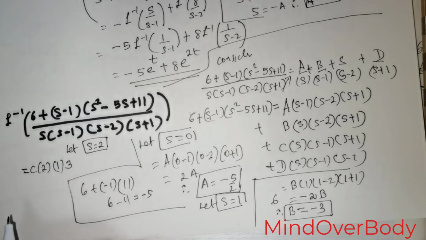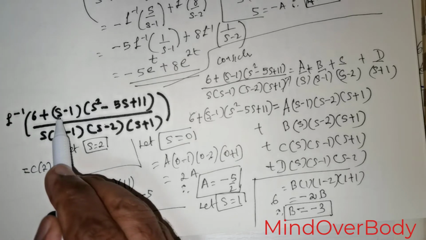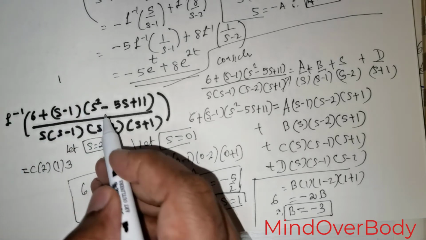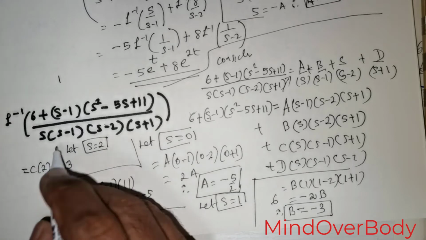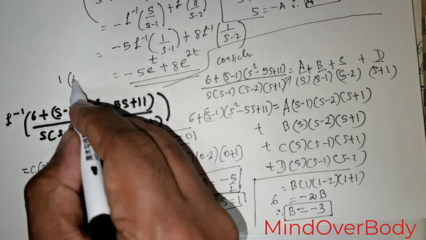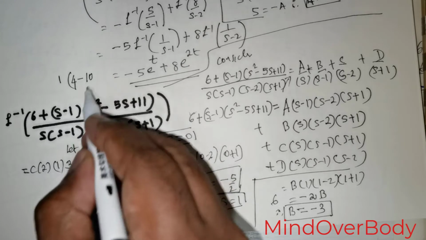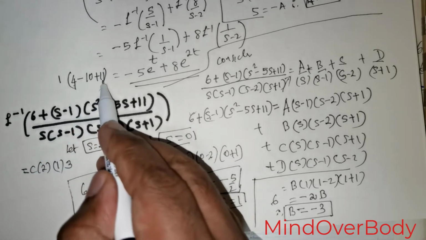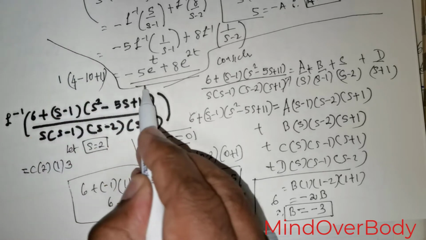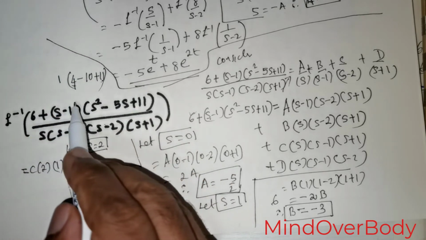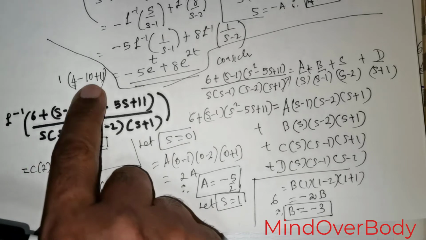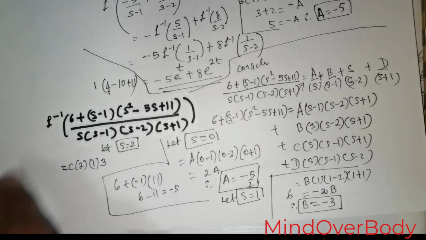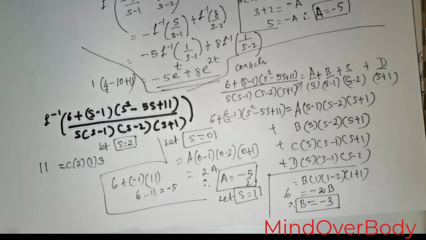So on the left side I got s is equal to 2, so 2 minus 1 will give me 1. This is s squared, so it's going to be 4 minus 10 plus 11, right? So 4 added with 11 will give me 15. 15 minus 10 will give me 5. So this is going to give me 5 plus 6, that's going to give me 11.